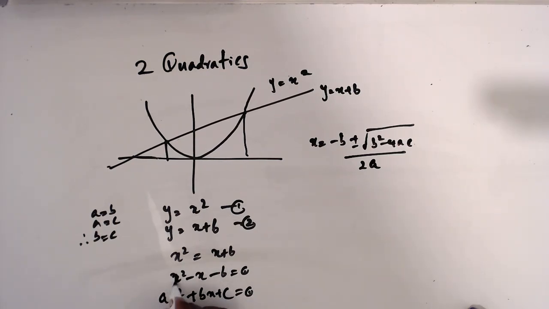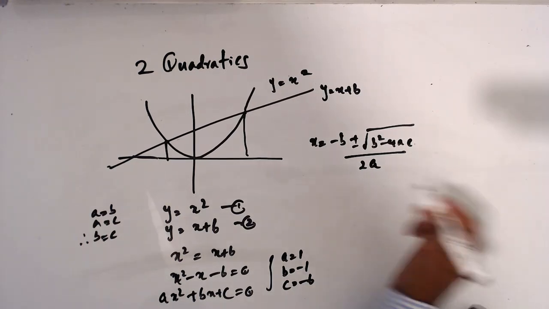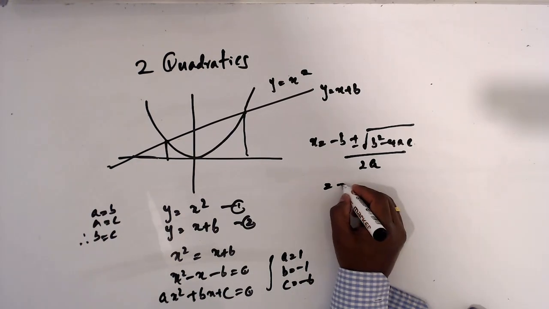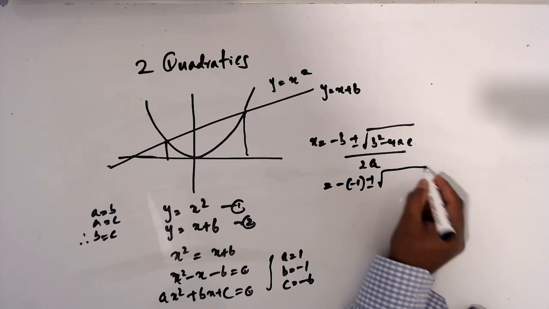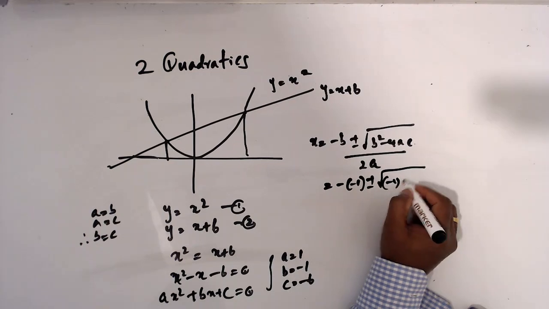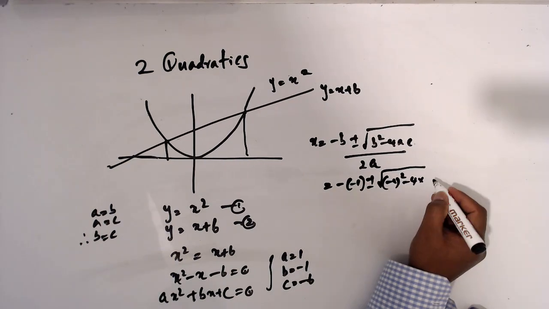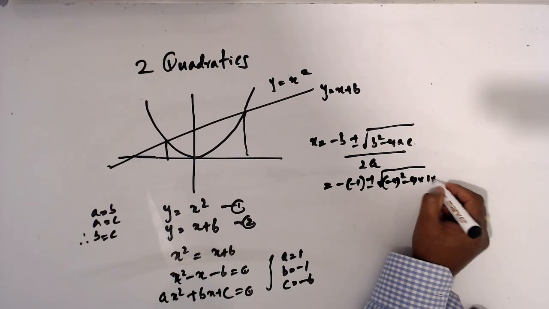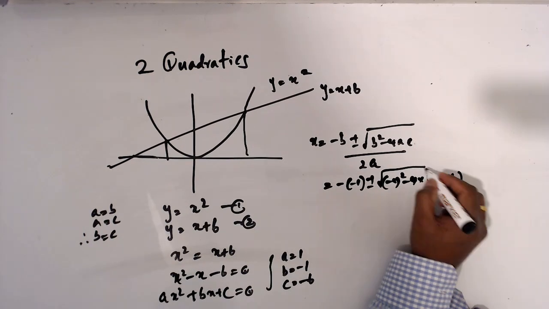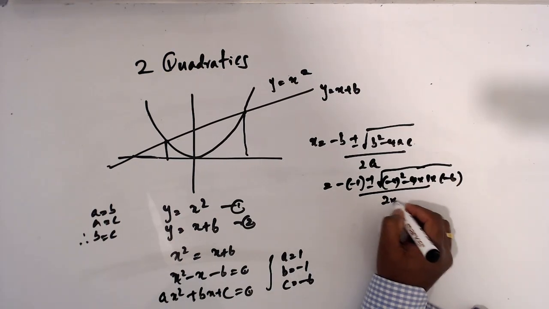So a value is 1, b value is minus 1, c value is minus 6. So I'm going to apply here: minus minus 1 plus or minus square root of minus 1 square minus 4 times a equal 1 and c equal minus 6, over 2 times 1.